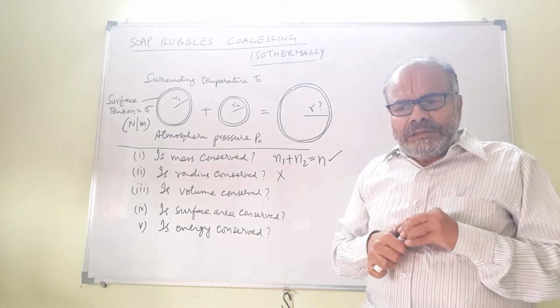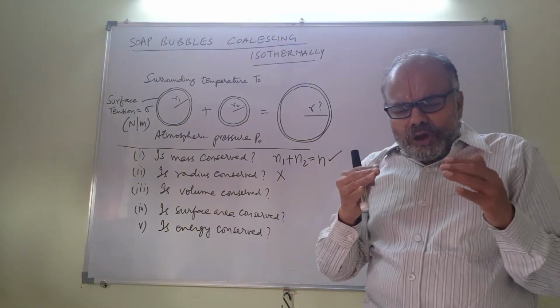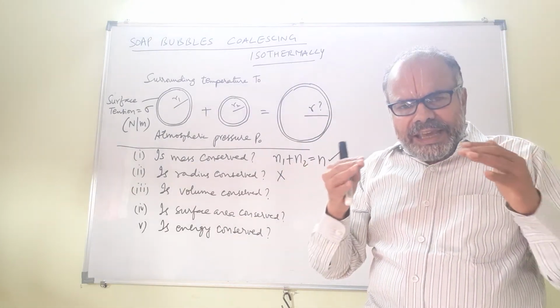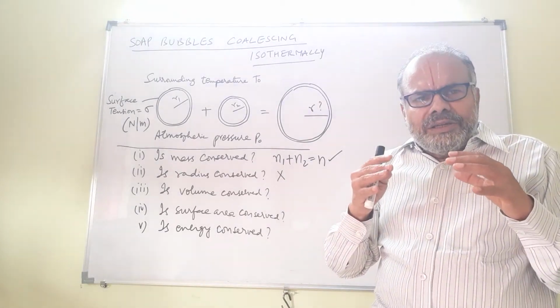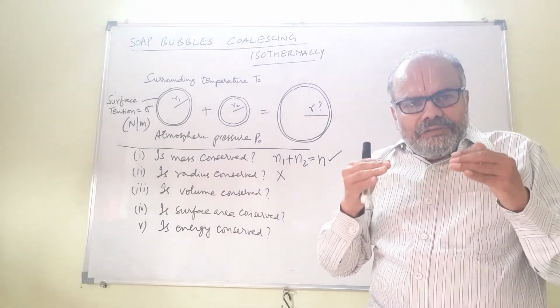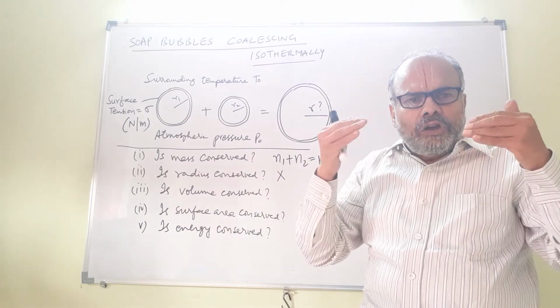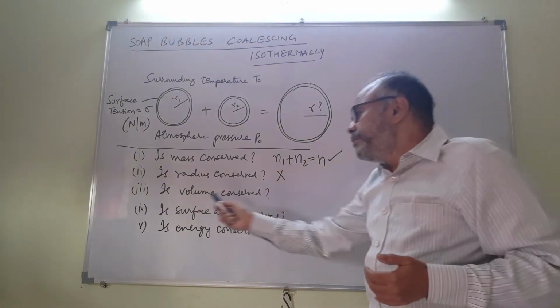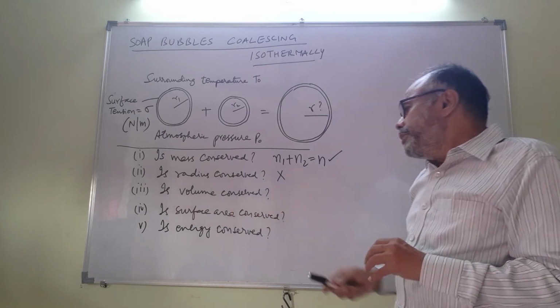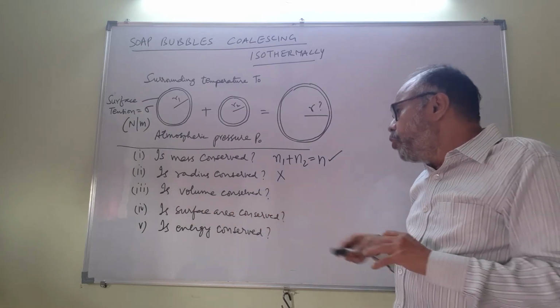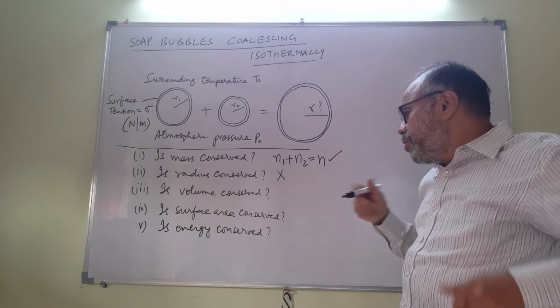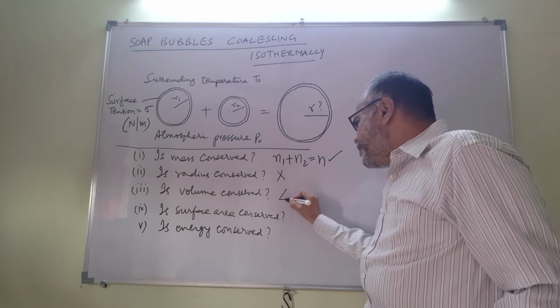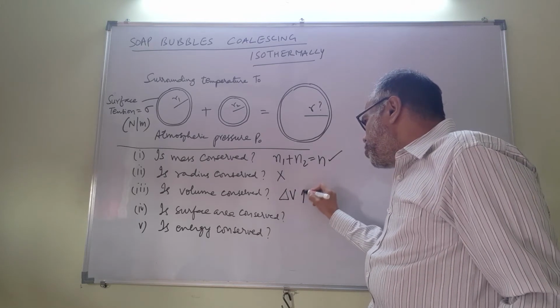In fact, because the volume increases, the air inside the bubble does work on the atmospheric air. We are going to see that. So, is volume conserved? The answer is no, it is not conserved. In fact, volume increases. That is, delta V is positive.